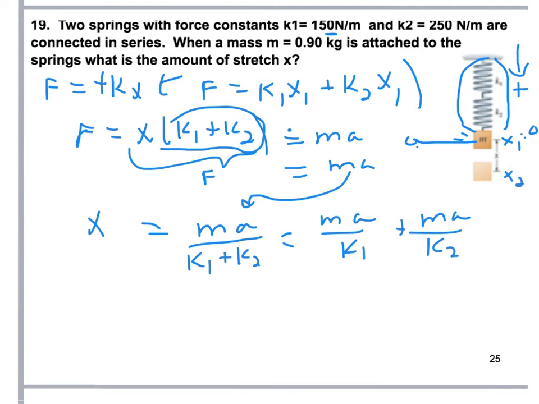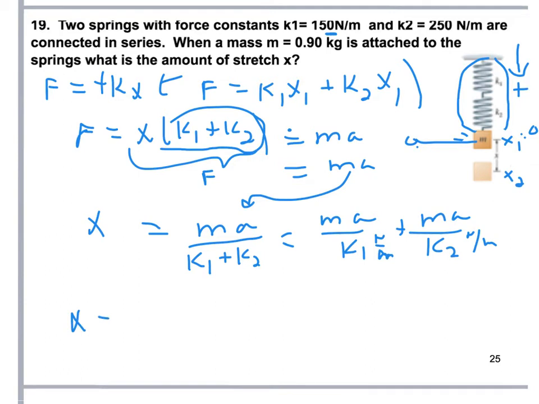And we'll get to why. So the units are the same, both newtons per meter. But we don't want to add them together, even though the units are the same. We want to keep them separate here and plug our numbers in.